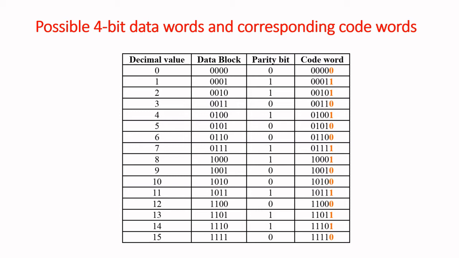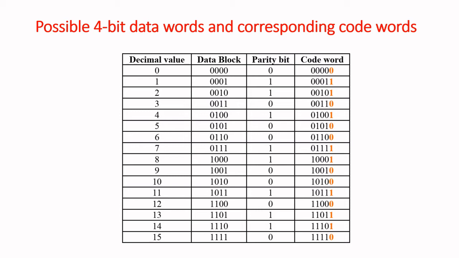But in the second row, 1 is represented as 0001. In this data block, the total number of ones is 1, which is odd, and we have to make it even. So we add an extra 1 as a parity bit to make the total number of ones even.